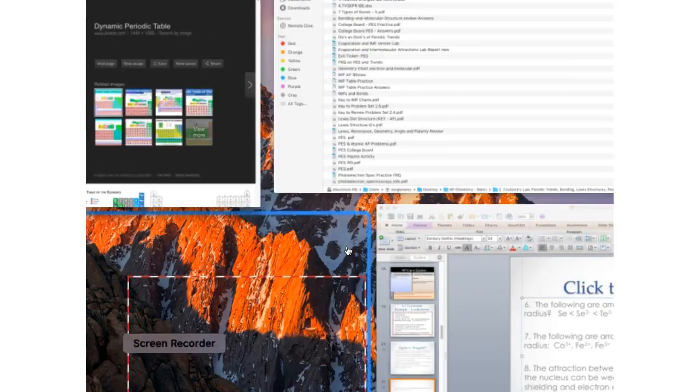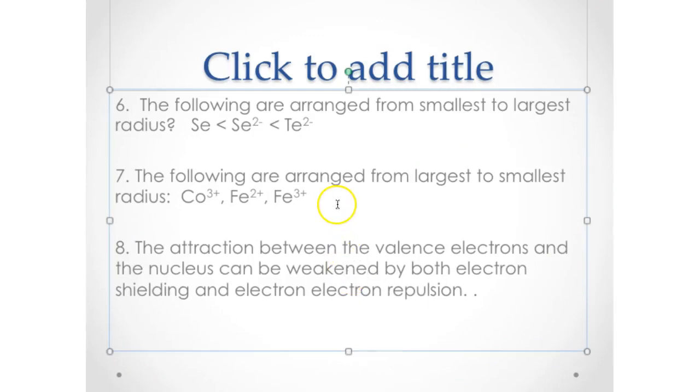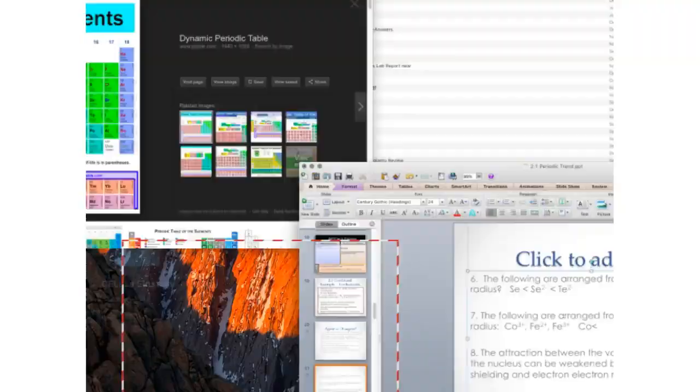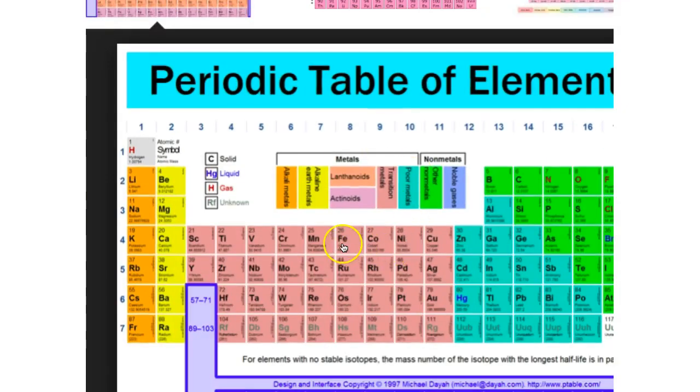So iron is bigger, and that means cobalt should be the smallest. And then iron is bigger because it's more to the left. As you move to the left, things get bigger.